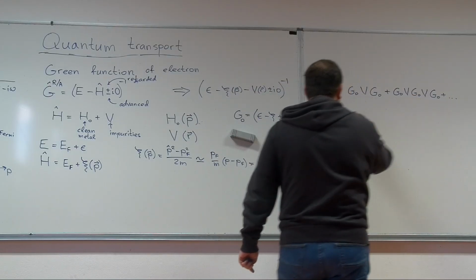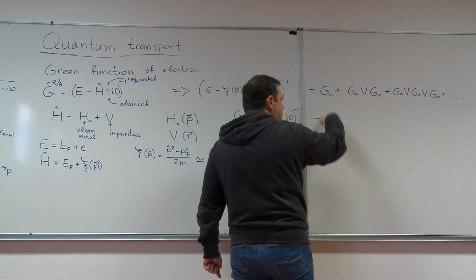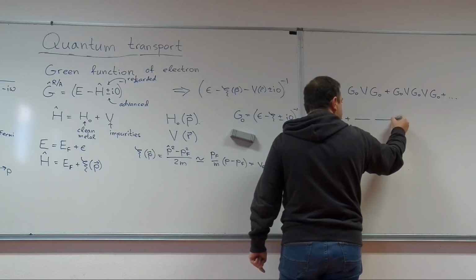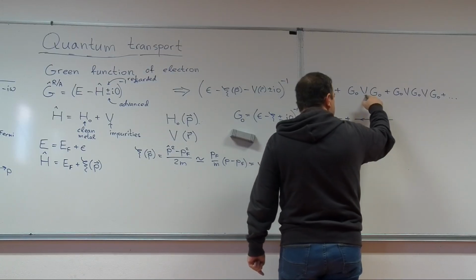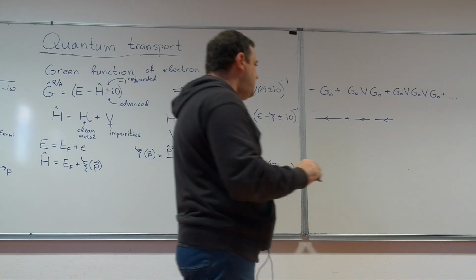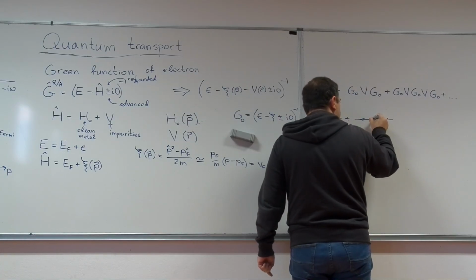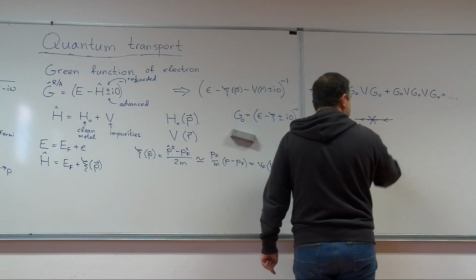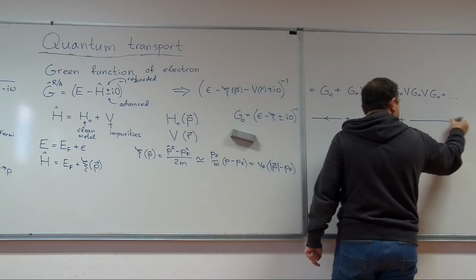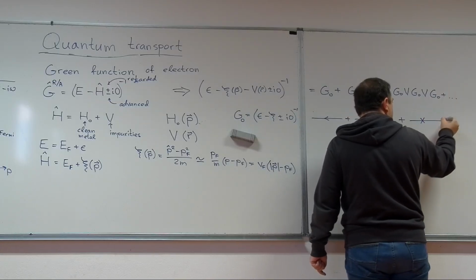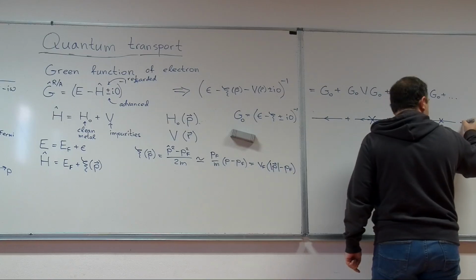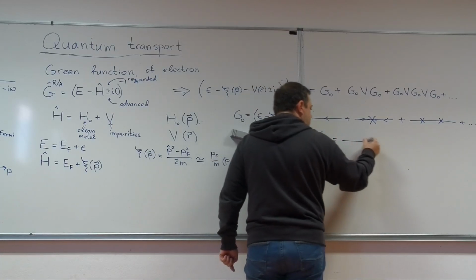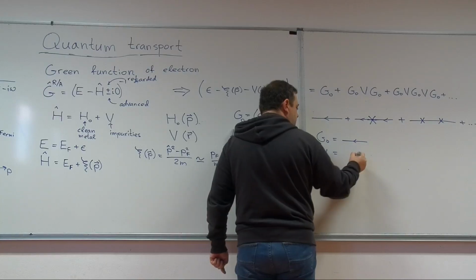This series is represented as G0, the first term, plus the next term, which contains two green functions, two straight lines, and V in between, shown as a cross. Then the next term is a line with two crosses, and so on. Once again, G0 is a straight line, V is just a cross.